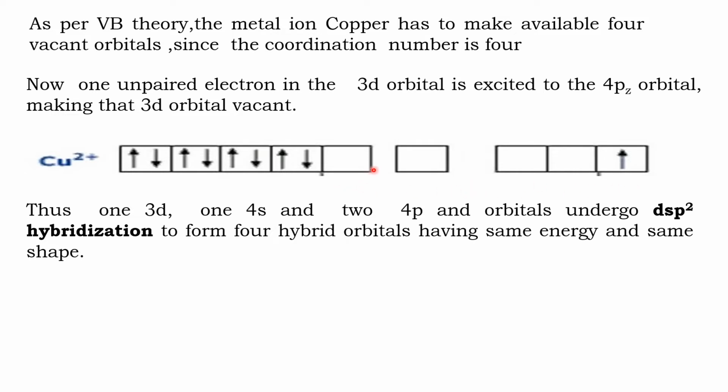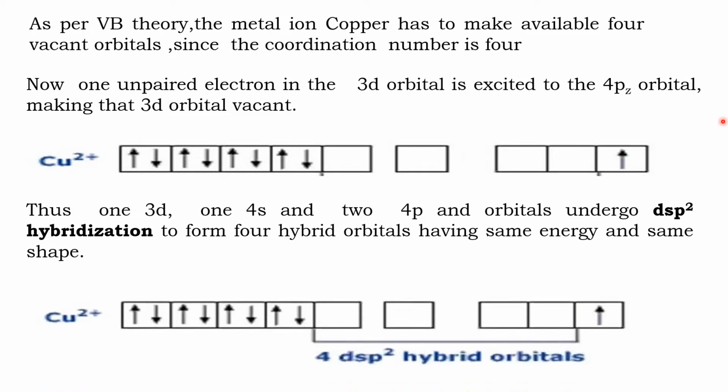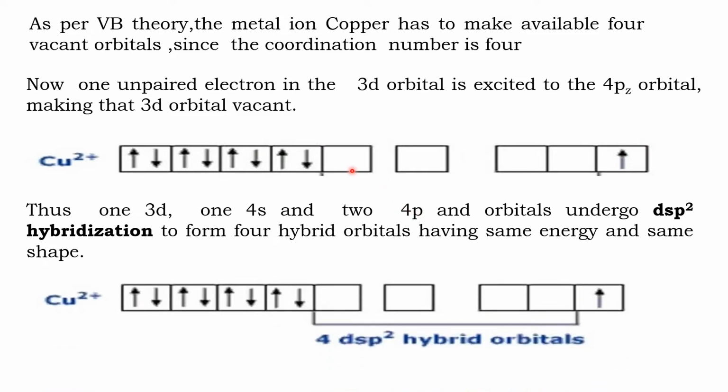So the electron from the 3d gets excited to the 4pz orbital. Now one 3d, one 4s and two 4p orbitals undergo hybridization.